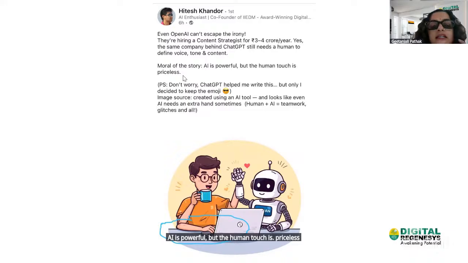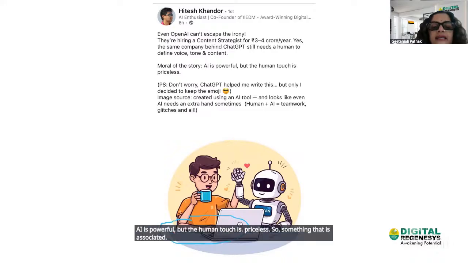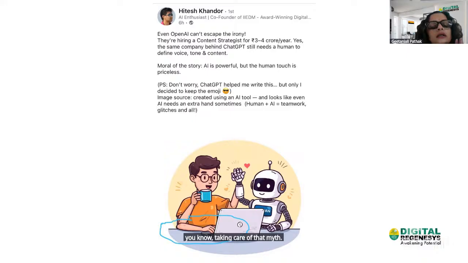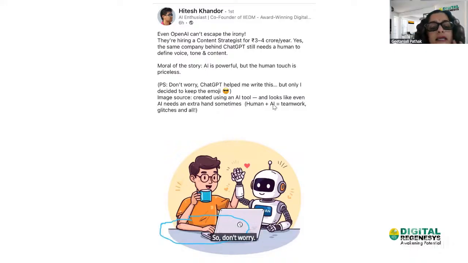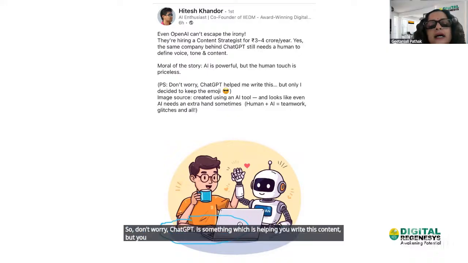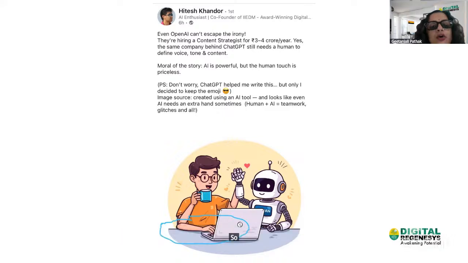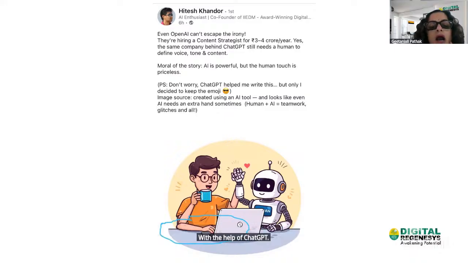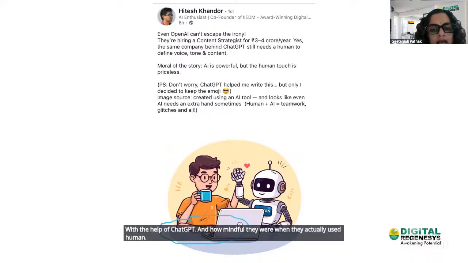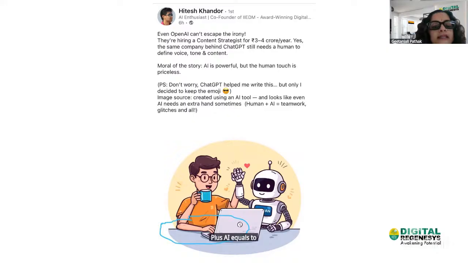This takes care of the myth about how a creative approach along with AI intervention plays an important role. So don't worry, ChatGPT is helping you write this content, but you decided to only keep that emoji. This is an example of a person who wrote this content with the help of ChatGPT, and how mindful they were in using human plus AI equals teamwork, and glitches and everything.